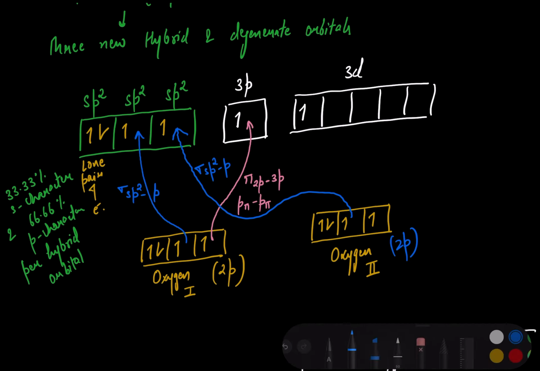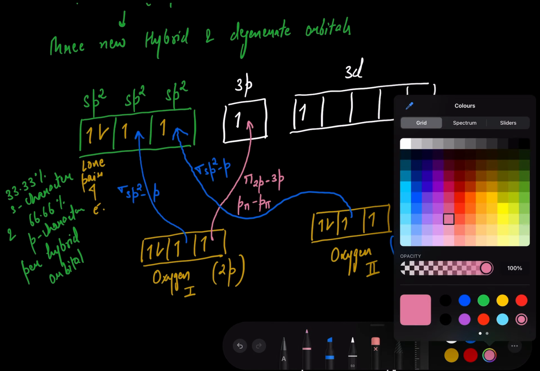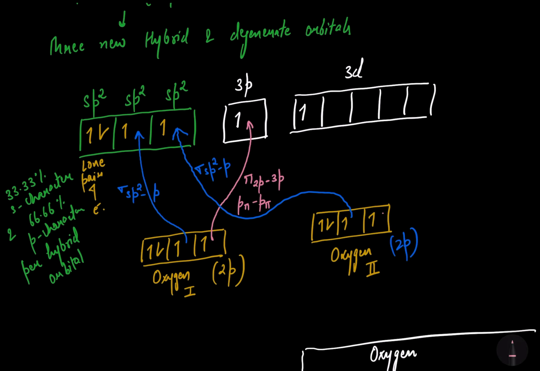Now here also, the other electron from the other 2p orbital of oxygen number 2 will have a sidewise or lateral overlap with the 3d orbital of sulfur, forming the pi bond. So that means this pi bond has been formed by lateral or sidewise overlap between the 3d orbital of sulfur and the 2p orbital of oxygen number 2.